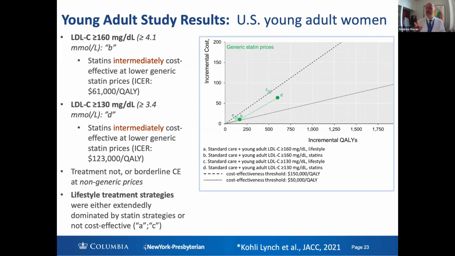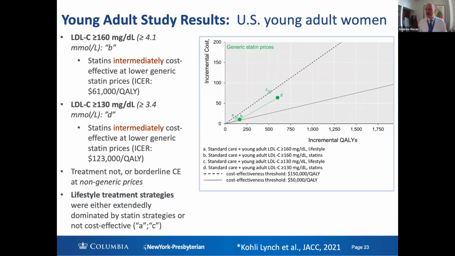So the optimal interventions that we would want have a very shallow slope, moving from left to right but keeping things low on the y-axis. Those are the highest value things. And you can see that there's a cost effectiveness threshold for what's considered intermediate value. That's the upper dashed line. And then very high value is the lower dashed line.